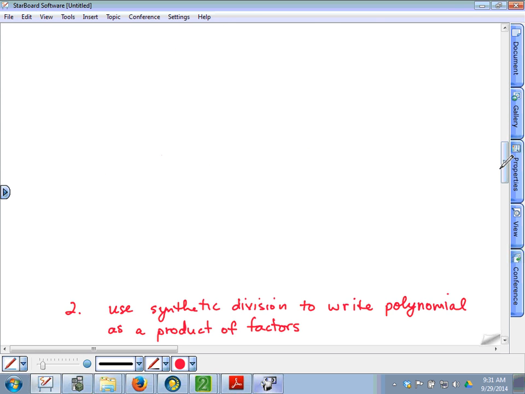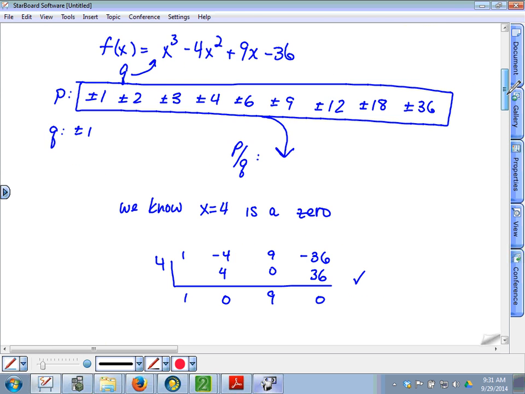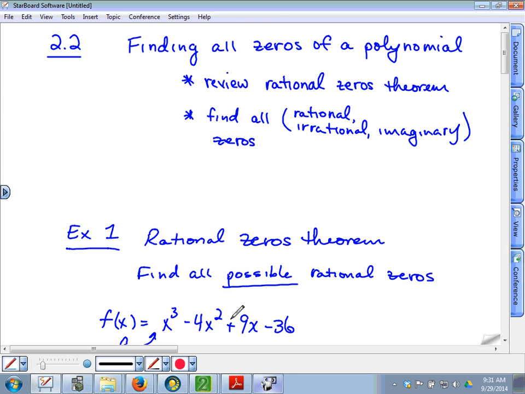So let's go back. Let's review the rational zeros theorem. Here's example 1. Example 1, rational zeros theorem. Find all of the possible rational zeros. And let's use this as our example problem.